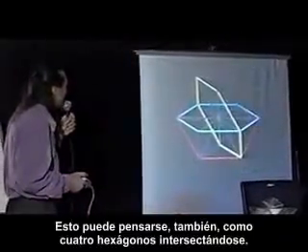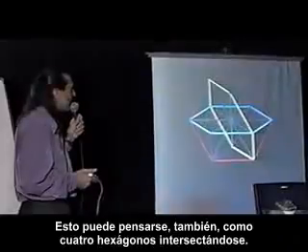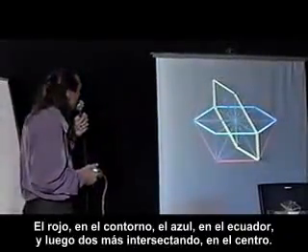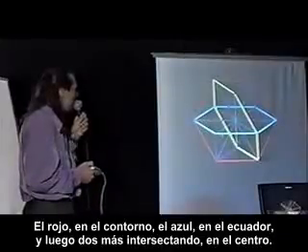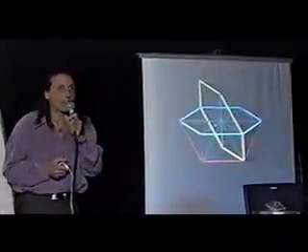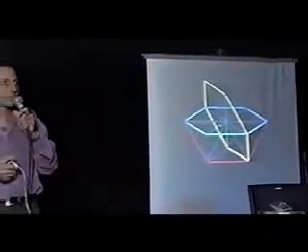Now, this can be seen as well as 4 hexagons intersecting each other. You see that? The red one on the edge, there's a blue one at the equator, and then 2 ones intersecting in the middle. Everybody see that?